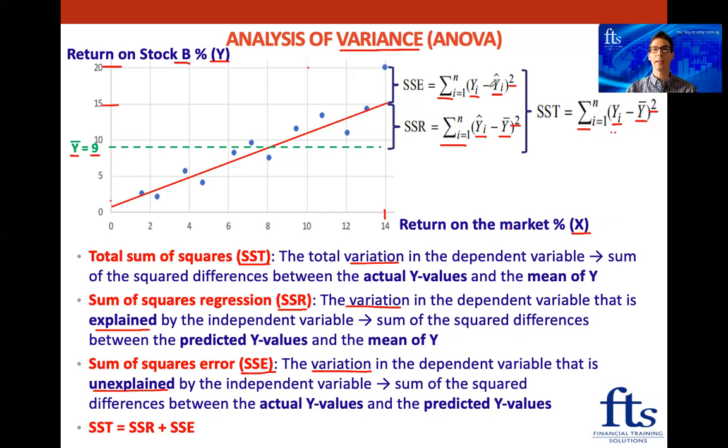So let us look at our year again. When the market did 14%, then yi, which is the actual return on stock B, or our y variable, was 20%. But what is the predicted return according to our regression line? We go up to our red line, our regression line, and go left, 15%. So the 5% there is the error.